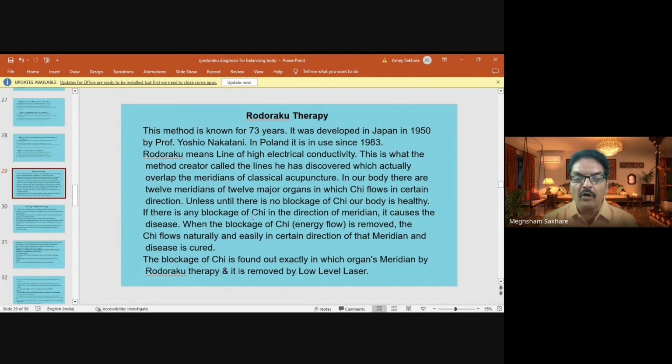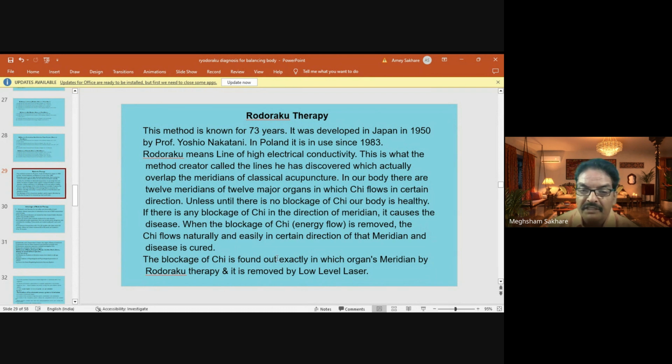If there is blockage of the chi in the direction of the meridian, it causes diseases. When the blockage of the chi is removed, the chi flows naturally and easily in a certain direction of the meridian and disease is cured. This is the principle of the Rodoraku therapy.